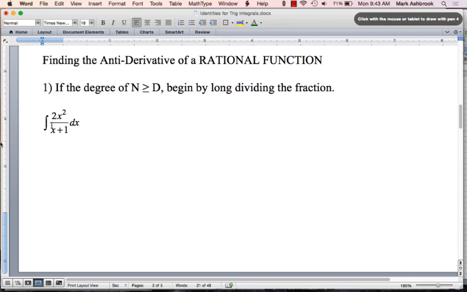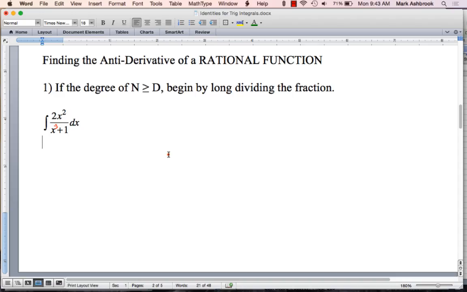So if this was x cubed plus 1, then we'd have undoing the chain rule. Our first attempt would be natural log of x cubed plus 1, and we'd have to clean up the coefficient mess, okay? So that would be that.